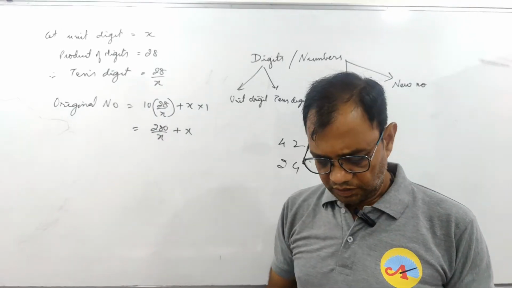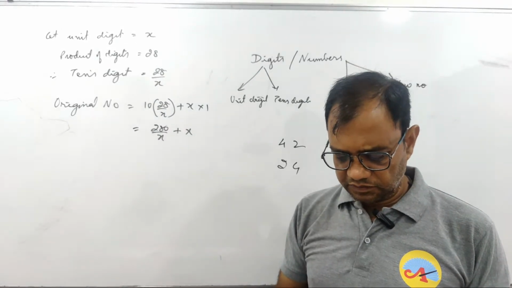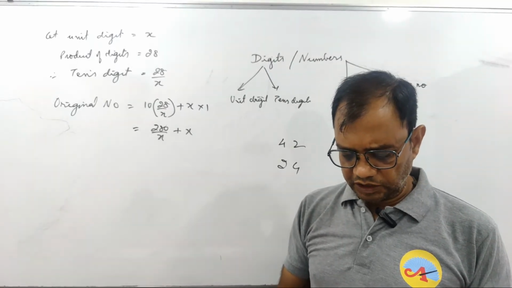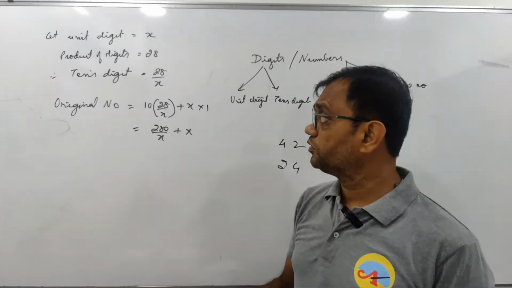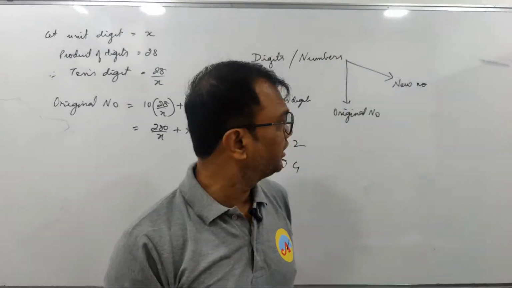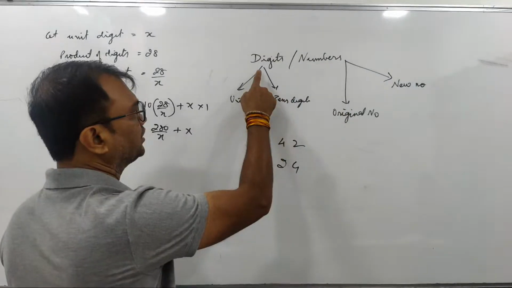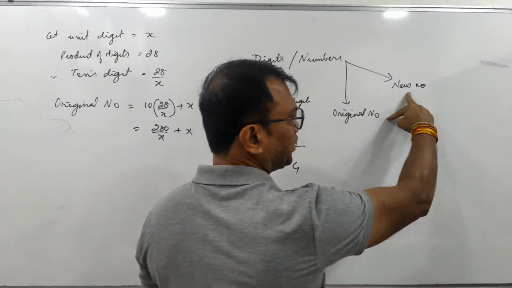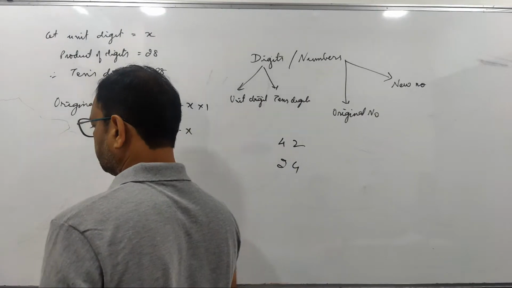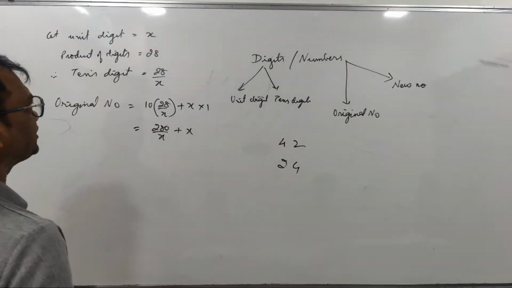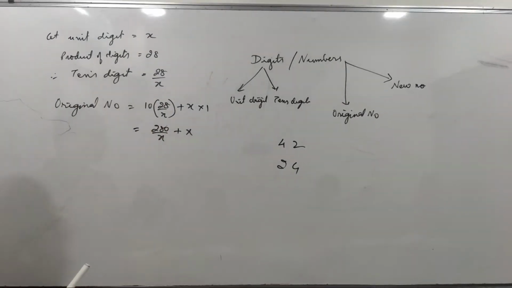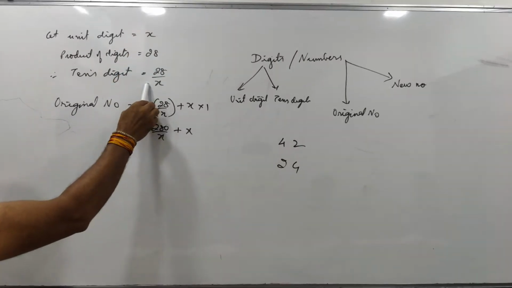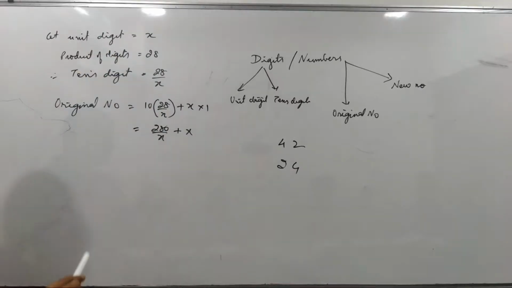Clear? So now let's see what is the question given. The difference between the digits is 3. So here the difference between the digits is given. Didn't I tell you the question will be either related to the digits or related to the numbers? So the difference between the digits will be this minus this or this minus this.